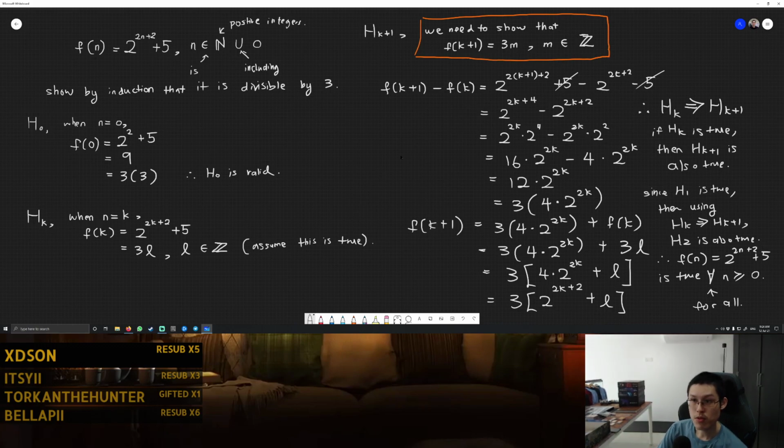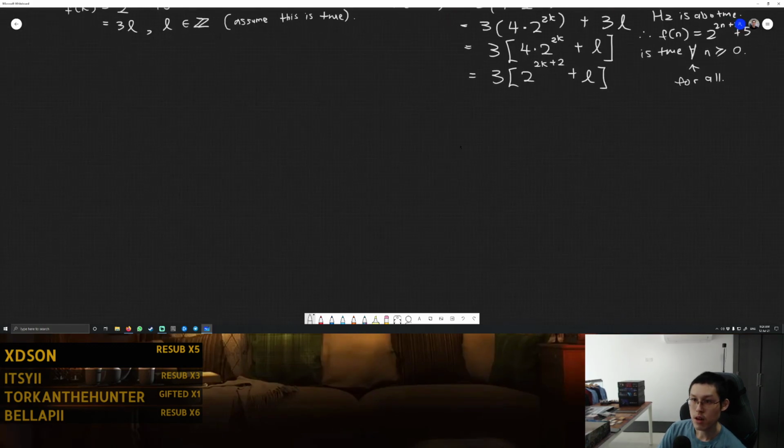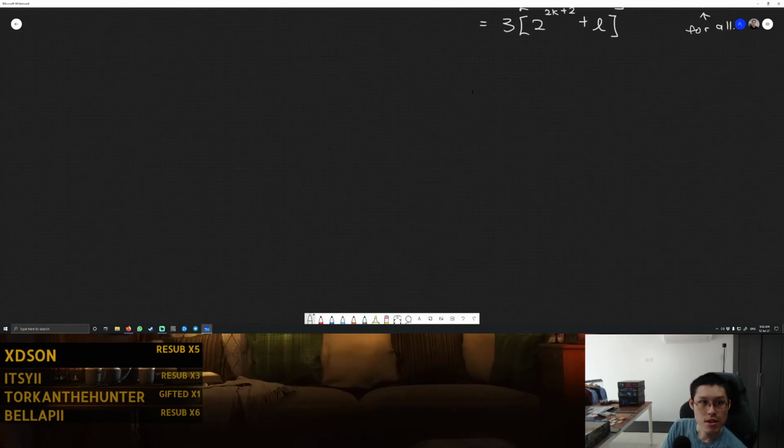Let me just move this. Hang on, let me just say this is example 1. Let's move this down here. Let's do example 2. So we're gonna do f(n) equals 3 to the n plus 2 plus 5, and n is a natural number including 0.